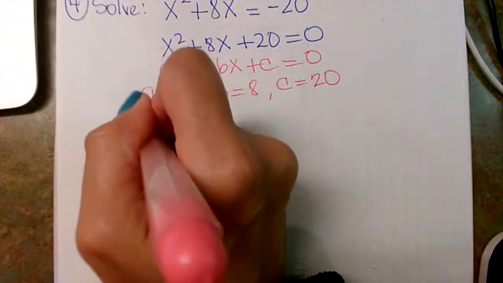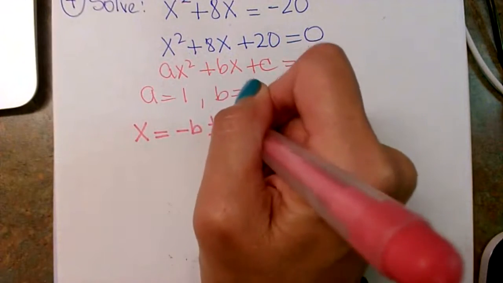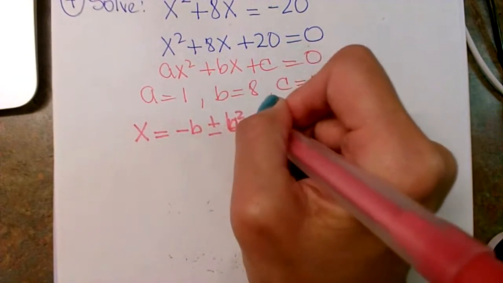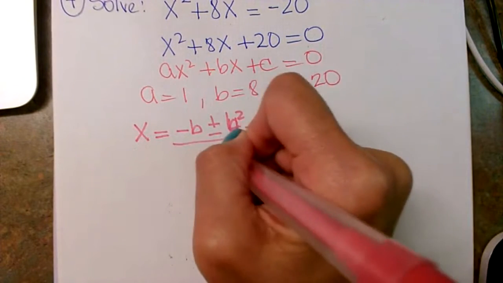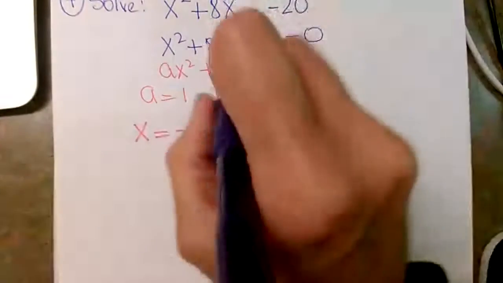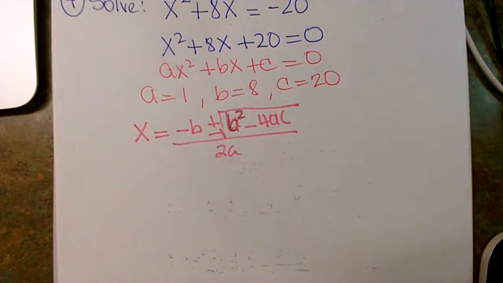So it's going to be minus B plus or minus, what am I doing? B squared minus 4AC. This is a B squared.